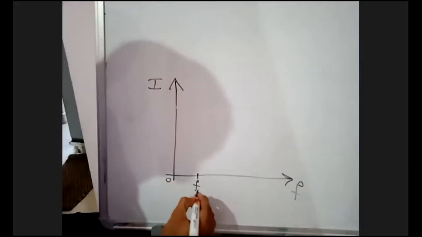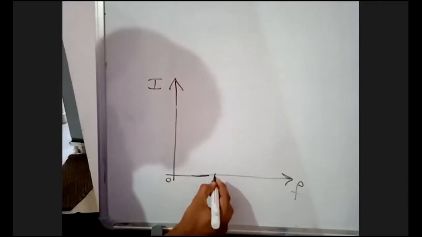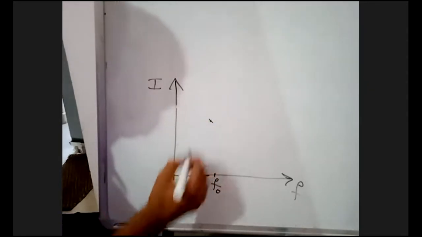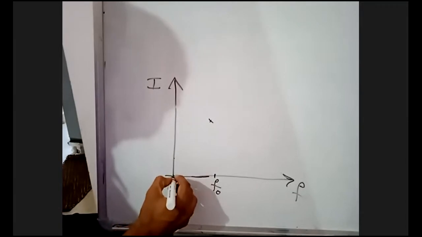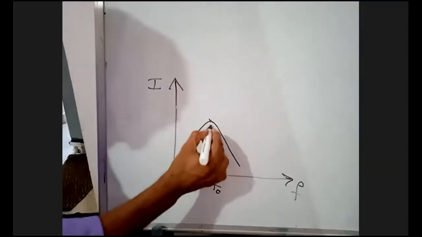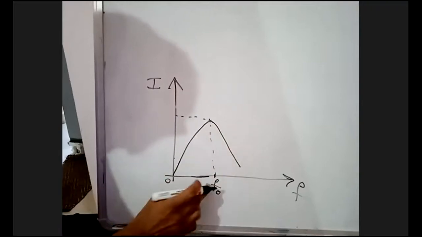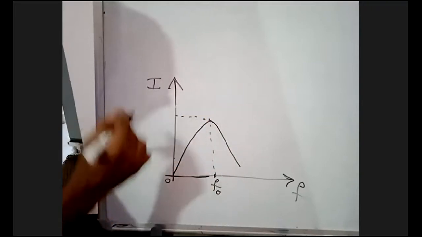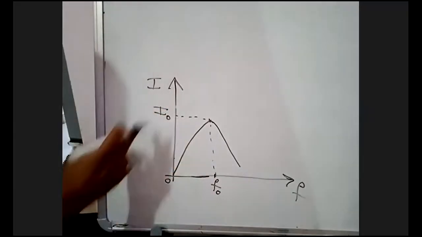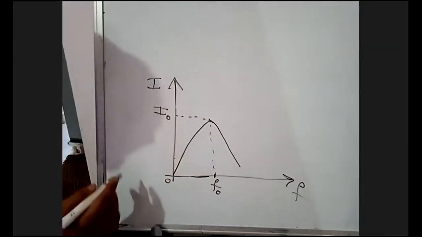Let us take this as F0. At F0 you will get the maximum current, because impedance is minimum at F0. I am taking the current at F0 as I0, the maximum value.